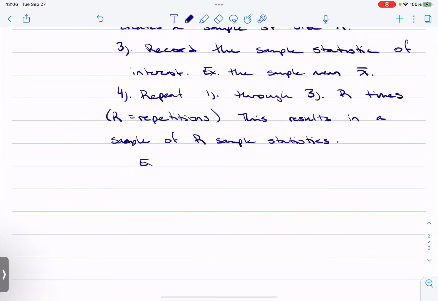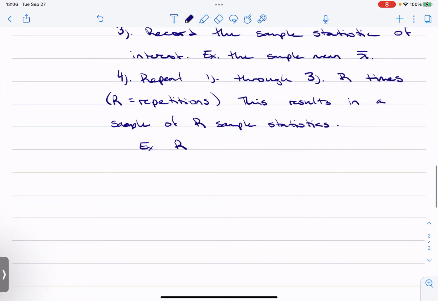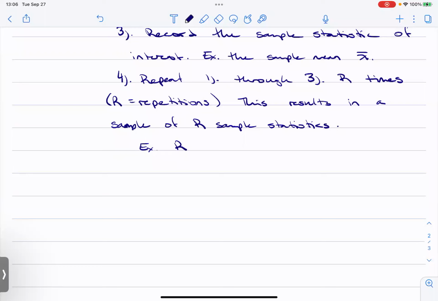Or sorry, I'll say a sample of R X bars.